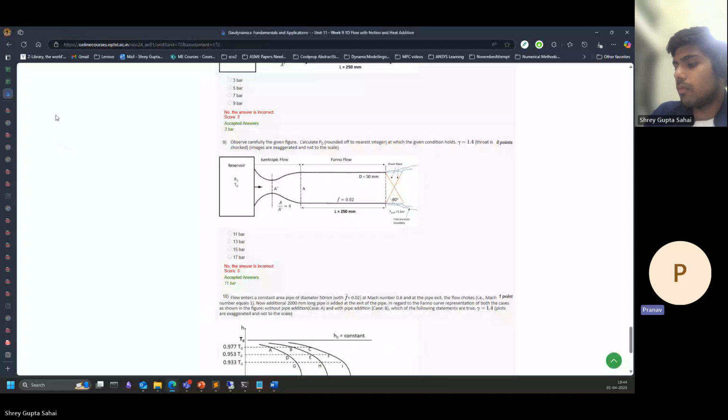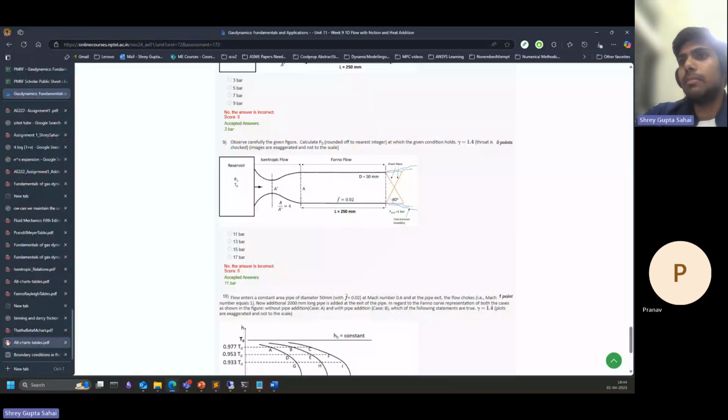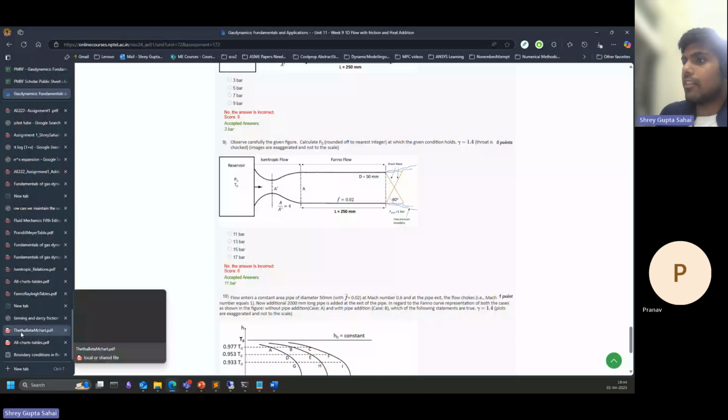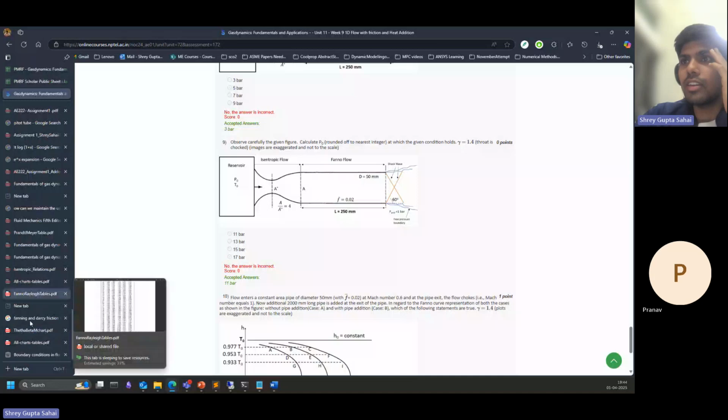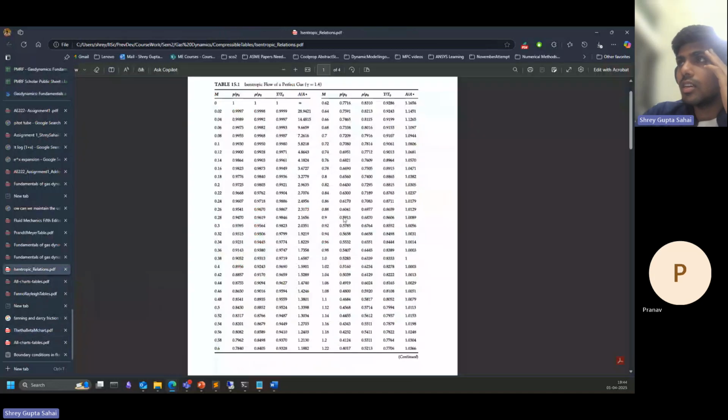So P naught by P equals. Let that be. And the Mach number also we know, right? 2.95. So let's find out the total pressure corresponding to 0.294 bar. If I do that, even then I don't think you will get a very high value. Let's see.